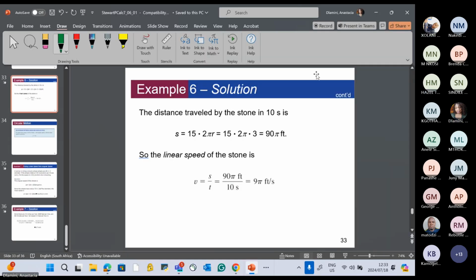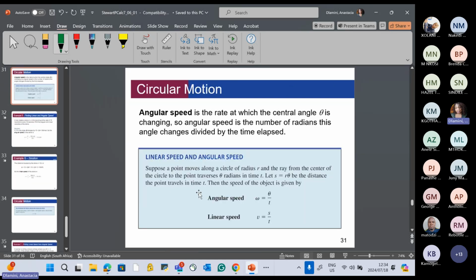Yes. What's the question? Okay. My question is, I just want to know the difference between the linear speed and the angular speed. So the difference is the rate at which one is changing as you are moving along the circle. For example, this one here.